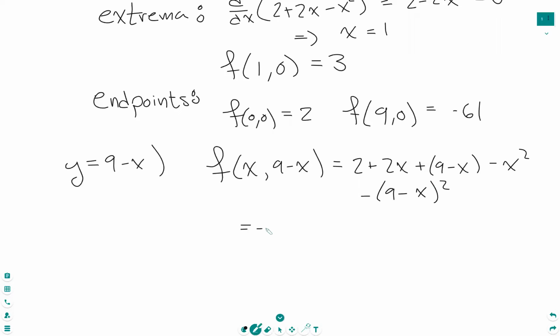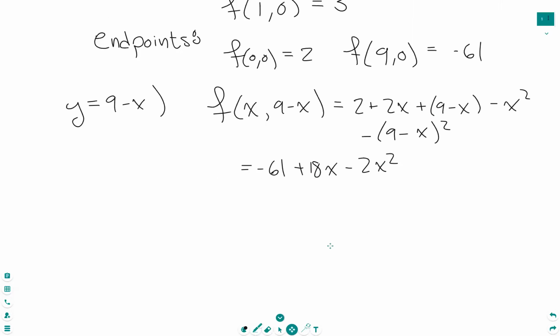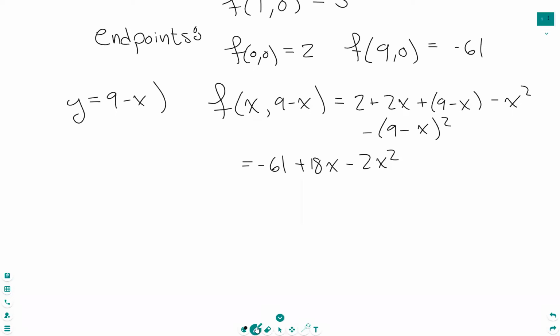We can FOIL it out, and we'll get a negative 61 plus an 18x minus a 2x squared. Okay, so that's how the function behaves along this line. Shouldn't it be a, oh yes, it is a 2. It is a 2 right here. Thank you. So there's a 2 times 9 minus x.